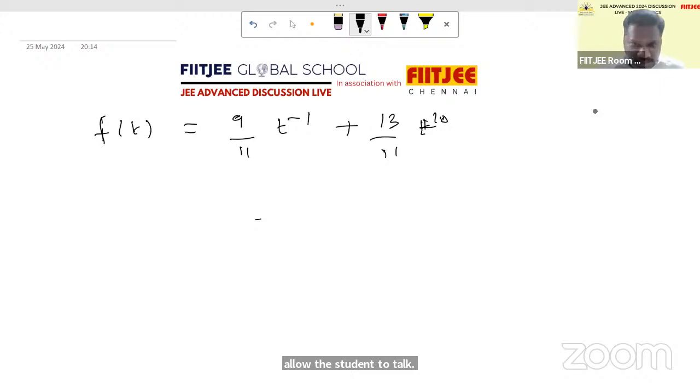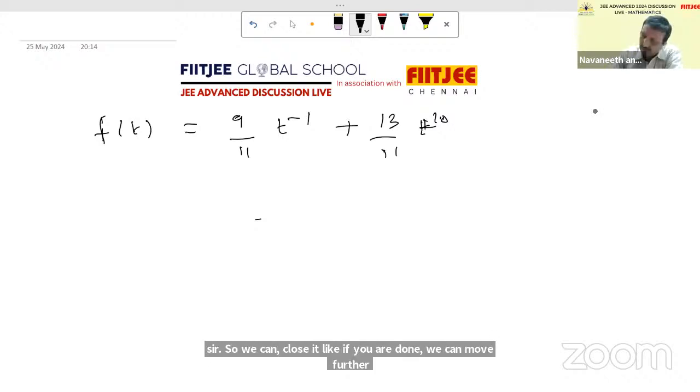I think there's nobody else. Is there anybody else there? Karthik, is the student there? No, sir. So we can close it. If you're done, we can move further. Okay, so I can stop the sharing.